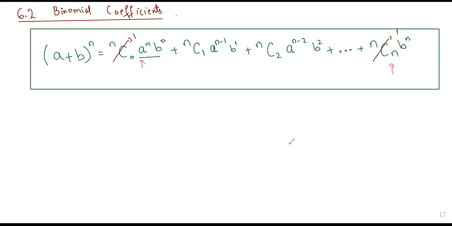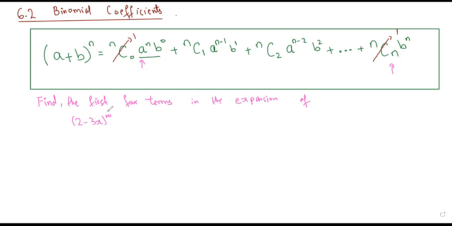You have to find the first 4 terms in the expansion of (2 minus 3x) to the power 10. This is the thing, okay?